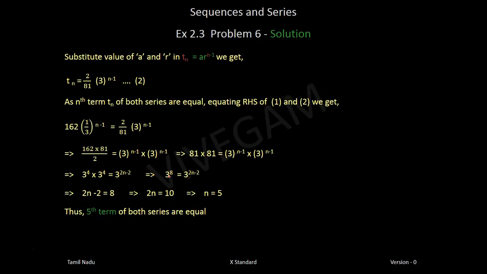Whenever two exponents are equal and if their bases are equal, their powers will be equal. So 2n minus 2 will be 8, or 2n will be 8 plus 2, 10, which means n will be equal to 10 by 2, n will be equal to 5. So it's the fifth term of the two series that are equal.